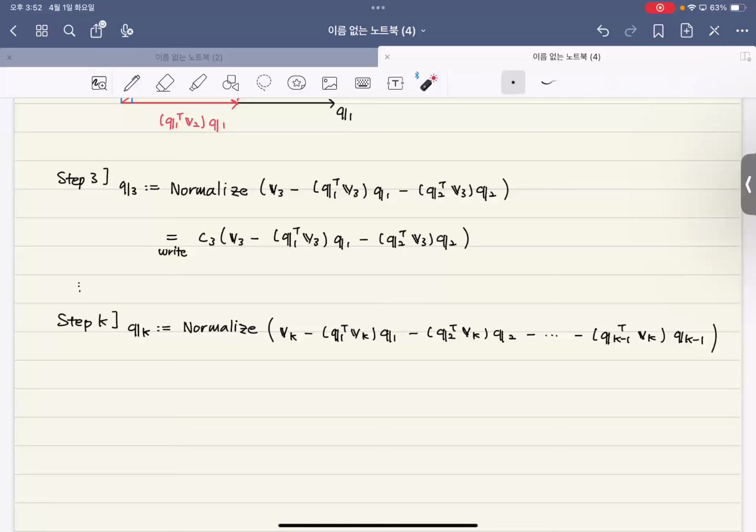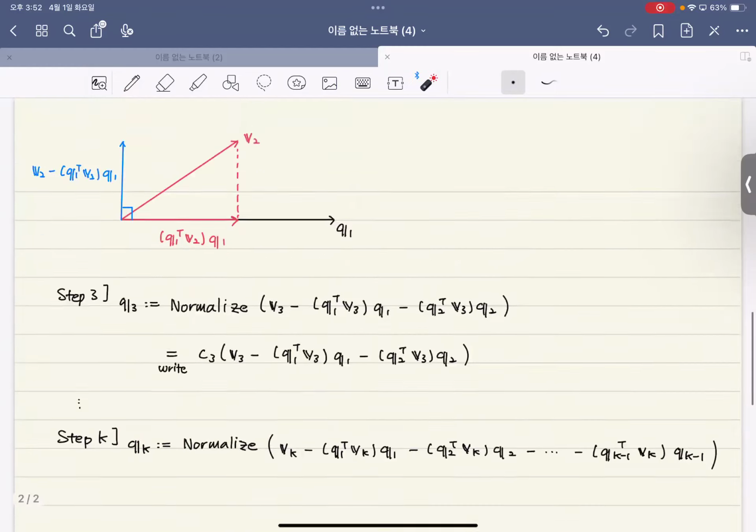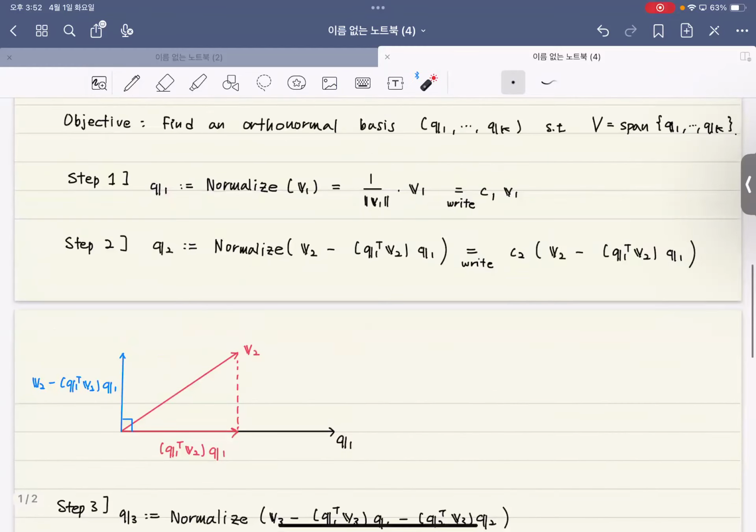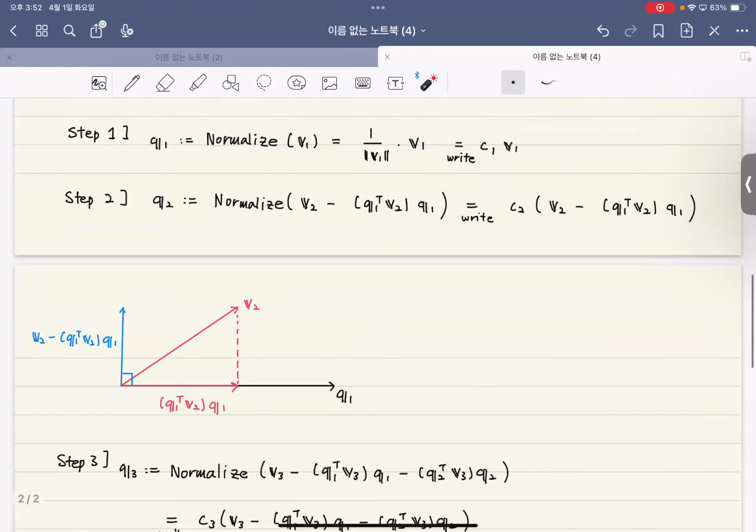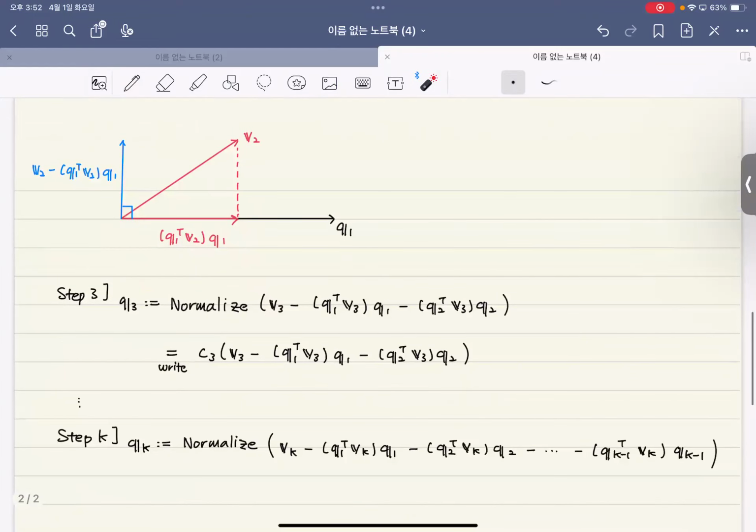Then this last vector Qk, because we normalize it, has to be length 1, and this vector is orthogonal to Q1, Q2, all the way to Qk minus 1. So because of the construction, I was able to get K orthonormal vectors.